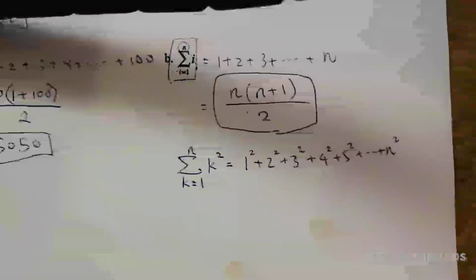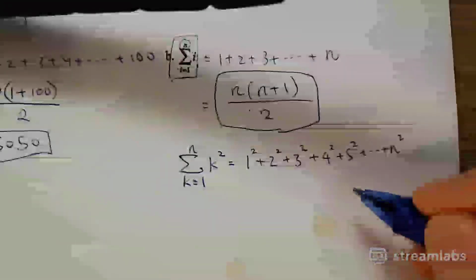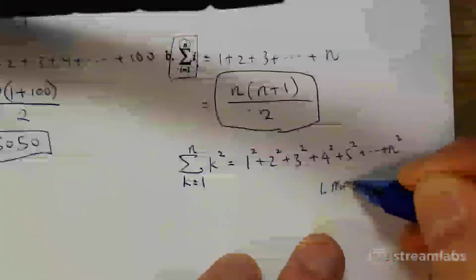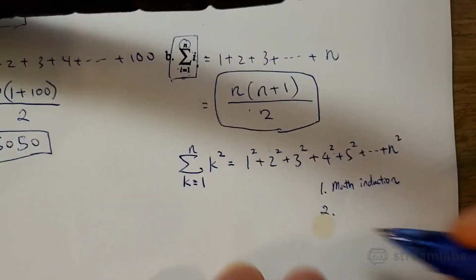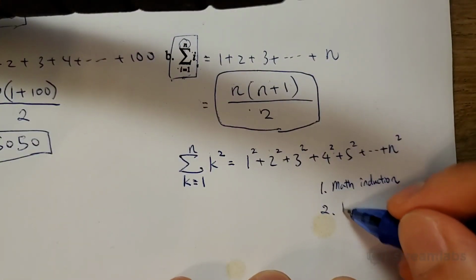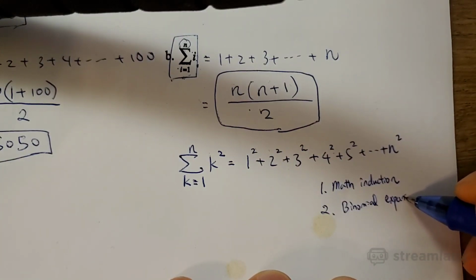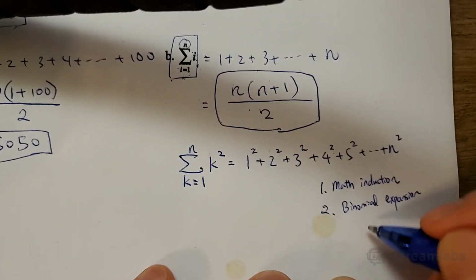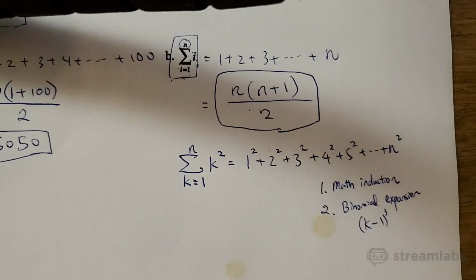Now, there are ways to prove what this will equal, but I'll save you some brain power. If you're interested, there are two main ways to prove this. One is called math induction. This is the one I like to use the most. Number two is called binomial expansion. What is binomial expansion? It has to do with k minus 1 to the cube, that kind of thing, like when you cube it.